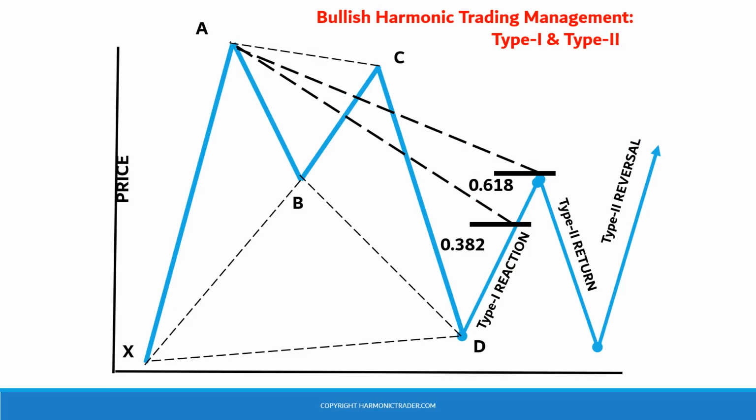Again, here's the illustration. Think of it like that. That's the framework. When I talk harmonic pattern framework, I'm not only talking ratios, retracement pattern, extension pattern, I'm talking type 1 reaction, type 2 return, type 2 reversal, and how to move from one to the other.